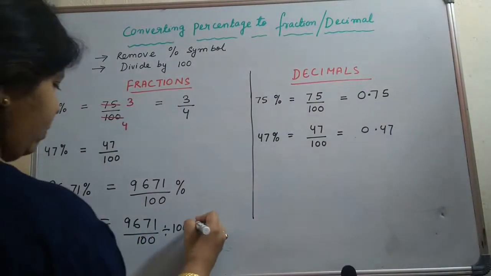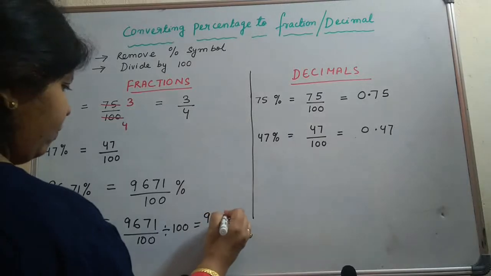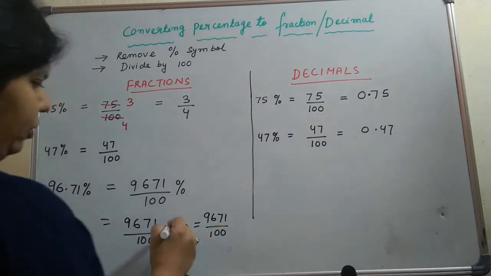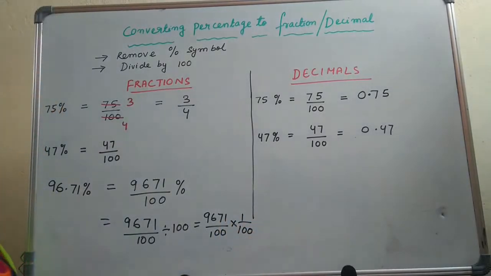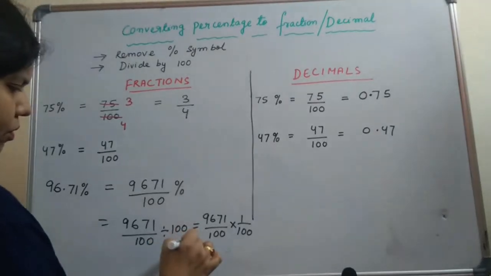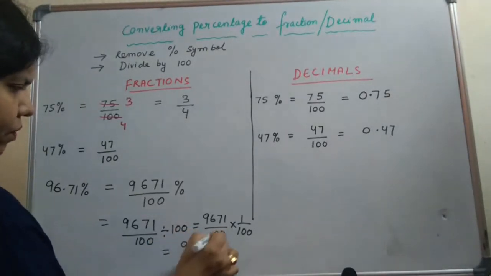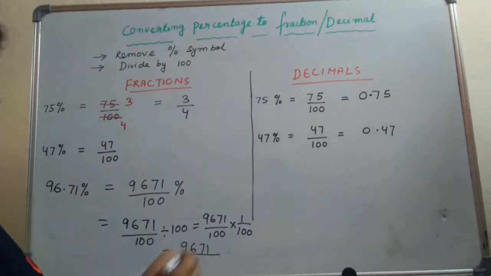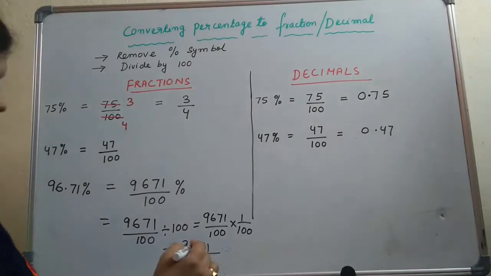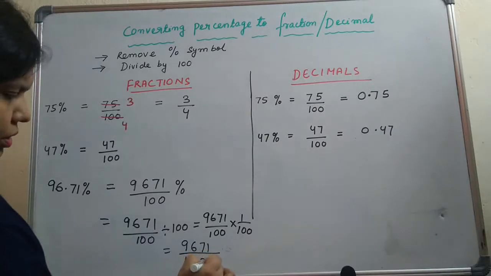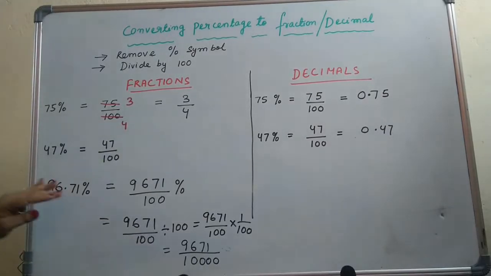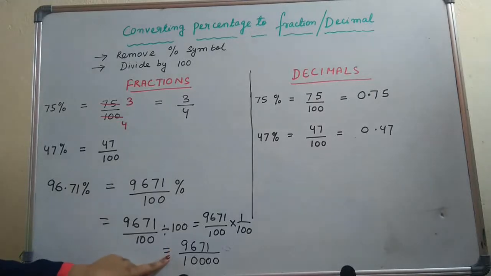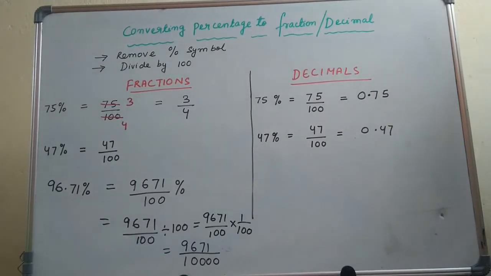So that is equal to 9671 by 100 into the reciprocal of 100, so into 1 by 100 is what you are going to get. Further, when we solve, 9671 into 1 is 9671, and 100 into 100 becomes 10,000, so mention 4 zeros here. So this is your final answer. 96.71%, when converted into a fraction, will be 9671 by 10,000.